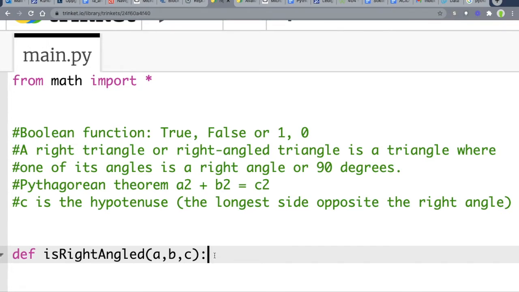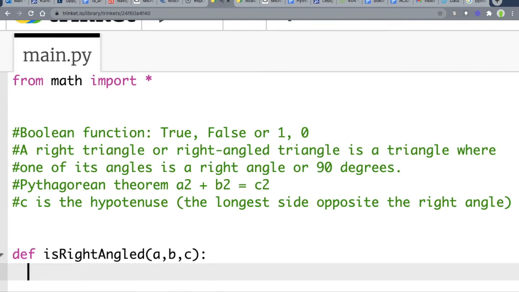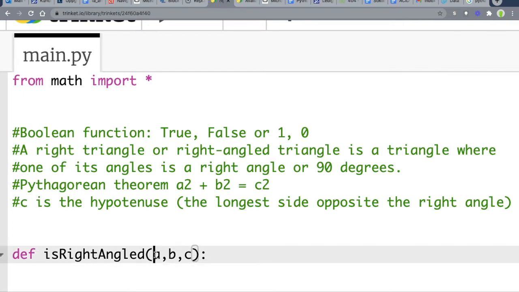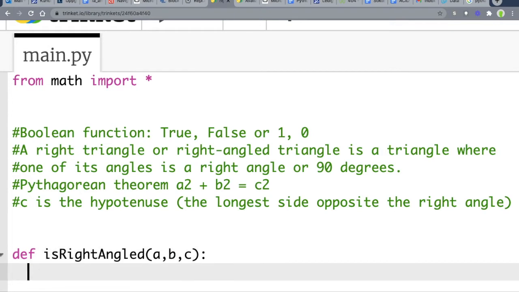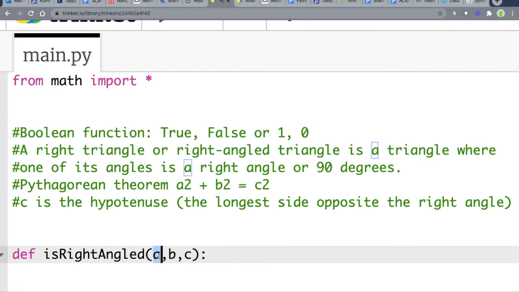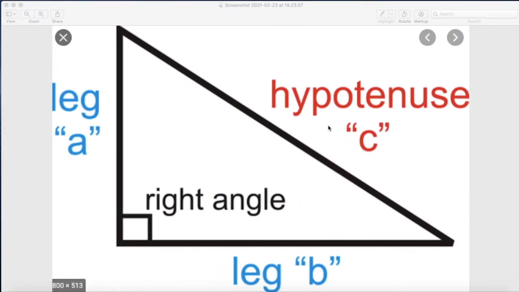The result of this function will be true or false, depending on the sides that we enter, depending on A, B, and C. I chose a general way, where the longest side can be A, B, or C. I do not use a form that says the longest side is this one.